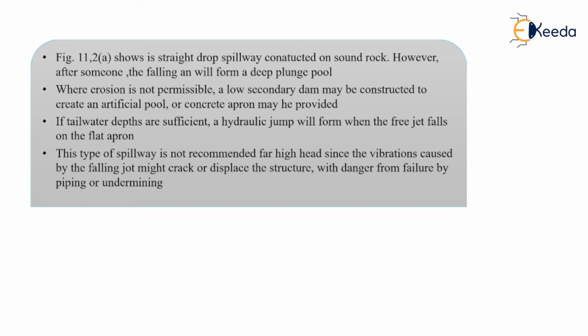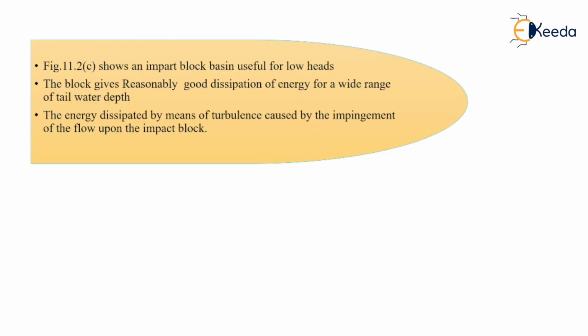If the tailwater depth is sufficient, a hydraulic jump will form when the free jet falls on the flat apron. This type of spillway is not recommended for high heads, since the vibration caused by a falling jet might crack or displace the structure, with the danger of failure by piping or undermining.